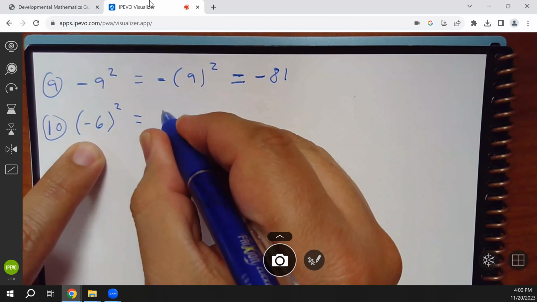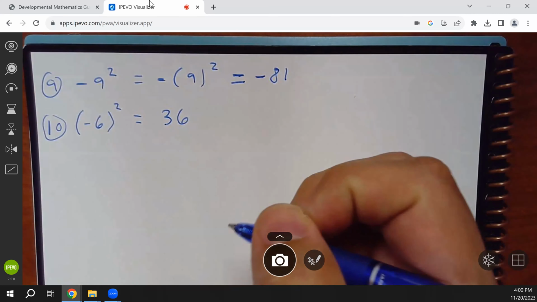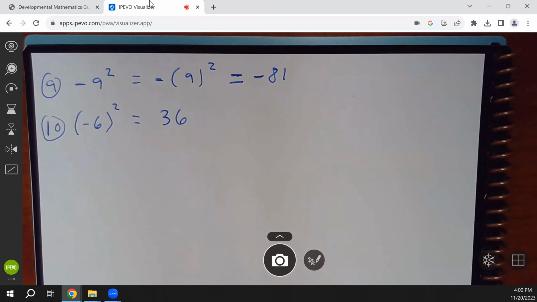This one will be positive. Subtle difference. Whenever you square a negative, it will always be positive. Just make sure that it's inside the parentheses. If it's not inside, then it's not going to be. Okay.